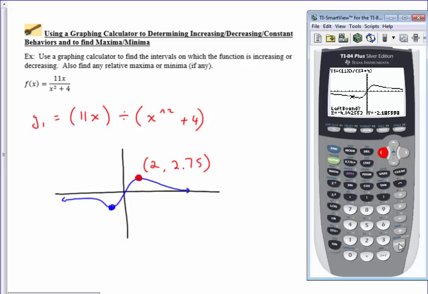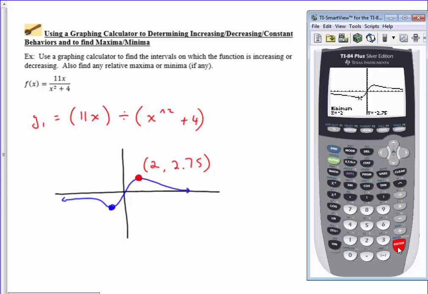I'm to the left of my minimum, so press enter. And then for a right bound, we want to arrow right and past that minimum value. Make sure you're well off of it. Make sure, however, that you don't interfere with that relative maximum that we've already found. Press enter, and then when it asks for a guess, just press enter again.